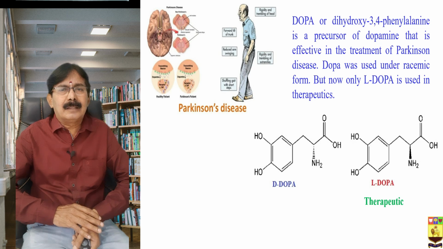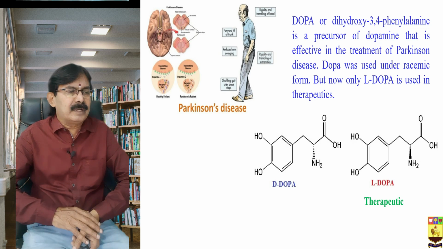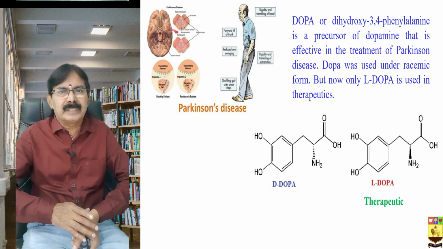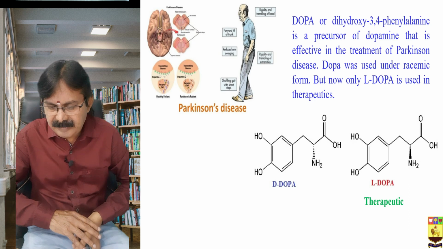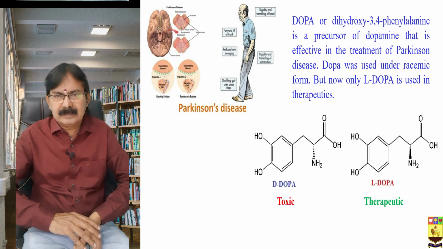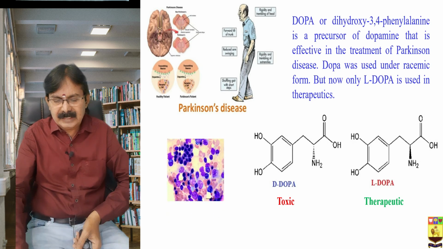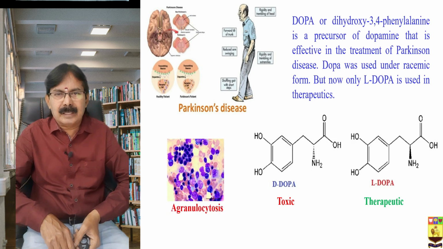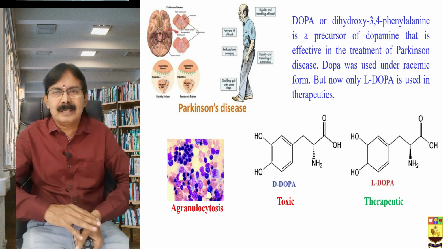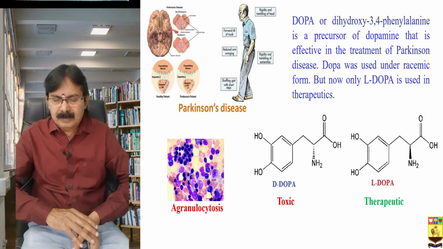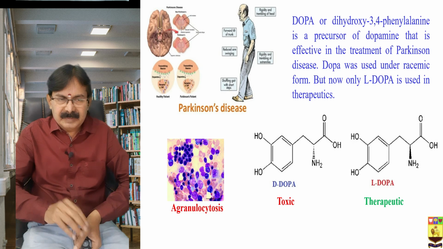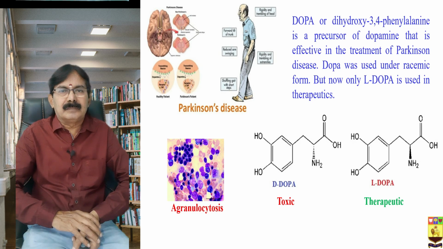Okay, and that arises because of agranulocytosis. That means a severe and potentially life-threatening condition characterized by a significant decrease in the number of granulocytes, which are part of the white blood cells, which are responsible for the immune system, immunity.